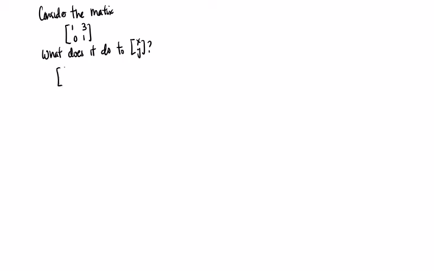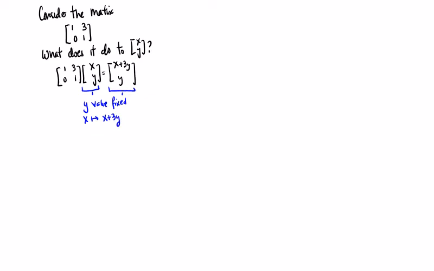Well, if we multiply it, we can see this is (x plus 3y, y). So what's happening here is that if we look at where the points come from and go to, this point goes to this point. The y value is fixed. The x value goes to x plus 3y.